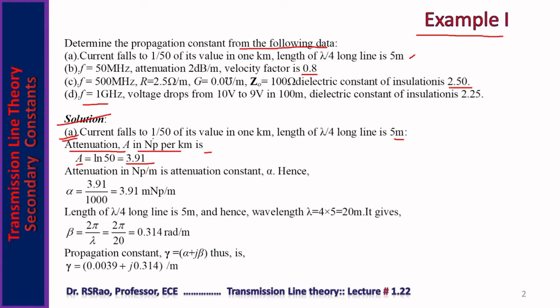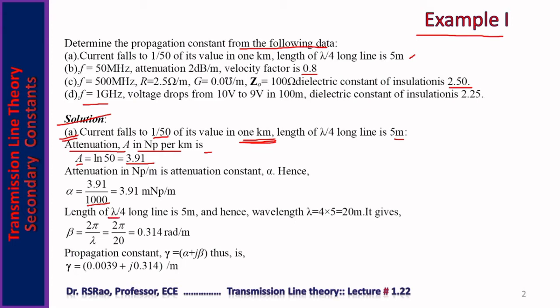See, current is falling to 1/50th of its value in 1 kilometer. So attenuation in Nepers per kilometer is natural logarithm 50, but we want it in meters, so we have to divide by 1000. It gives 3.91 millinepers per meter.